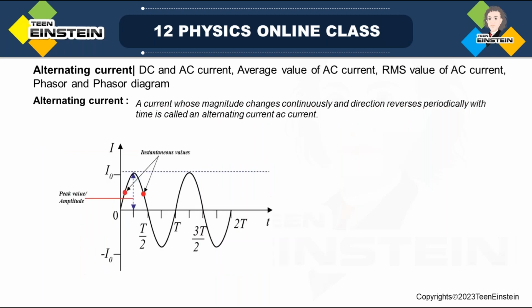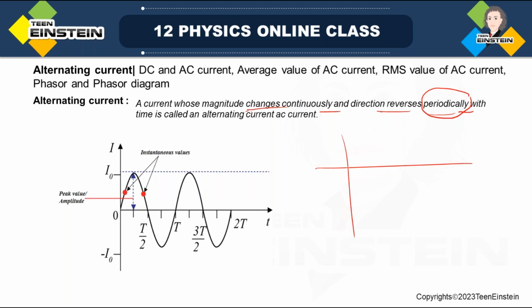Now what is alternating current? Alternating current is that current which changes its magnitude as well as its direction. A current whose magnitude changes continuously and the direction reverses periodically. This word is very important, periodically.